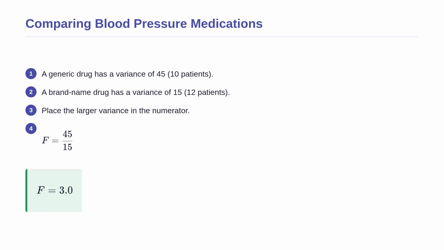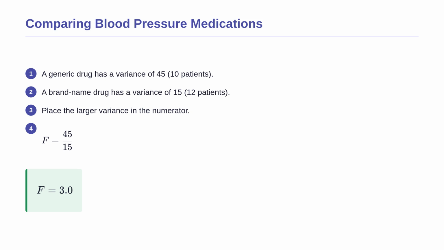Let us put this formula into practice with a concrete example. Suppose a cardiologist wants to know if a new generic drug has a more variable effect on heart rate than the standard brand name drug. She tests 10 patients on the generic drug and finds a variance of 45. She tests another 12 patients on the brand name drug and finds a variance of 15.